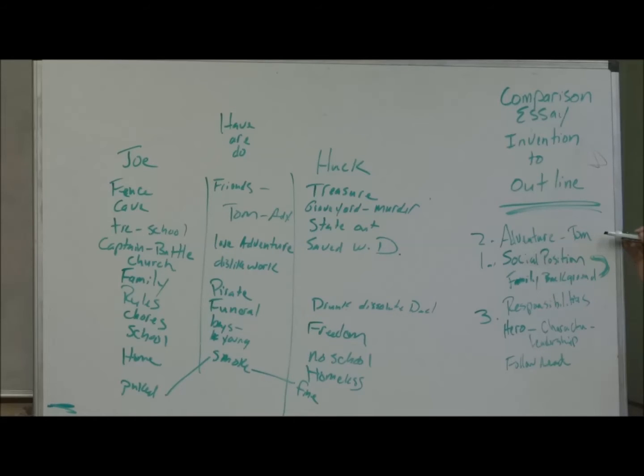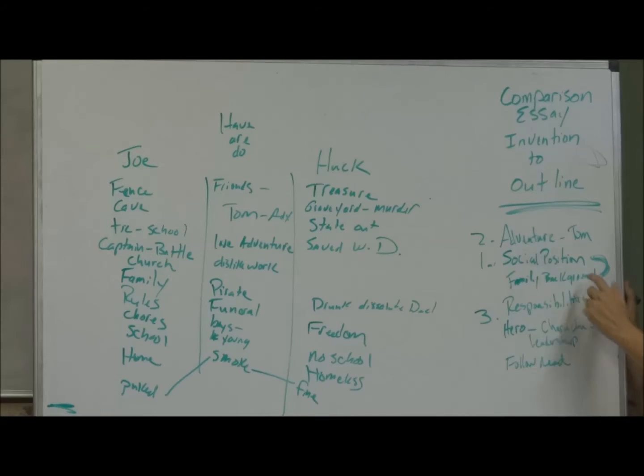So I'm going to write a comparison essay and I'm going to say that Joe and Huck are friends and their common friend is Tom. And so there's some things that are the same about them and there's some things that are different about their friendship with Tom or about themselves as boys. And so my first paragraph is probably, let's do social position.